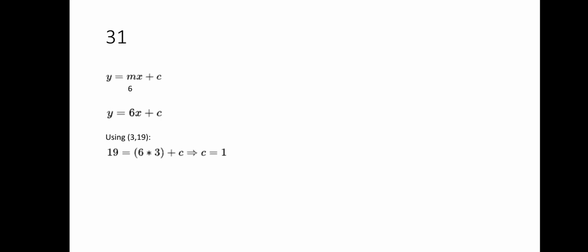So 19 equals 6 times 3 in brackets plus c. So 19 equals 18 plus c, so therefore c is 1. C equals 1. And that's enough, so we have enough information. So the answer is y equals 6x plus 1. The gradient is 6, and the y-intercept is 1, or (0, 1). So the answer is y equals 6x plus 1.